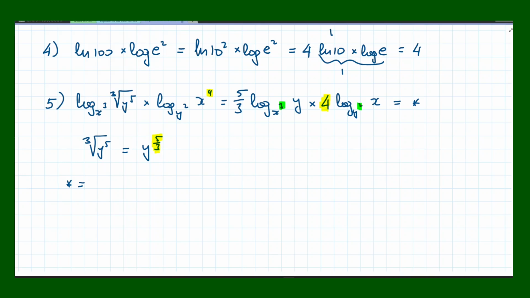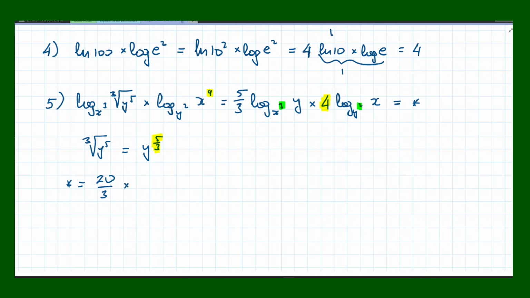First thing I'm going to do is collect the numeric multipliers, the 5 over 3 and the 4. We have to multiply them together, so that's going to make 20 over 3, because I've got a whole number I multiply by a fraction. That's the same as multiplying the numerator by the whole number and leaving the denominator unchanged.